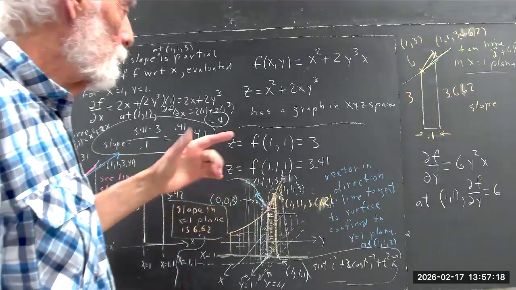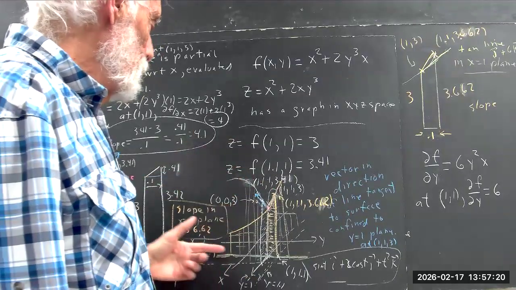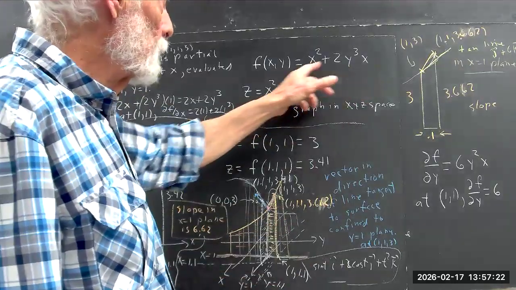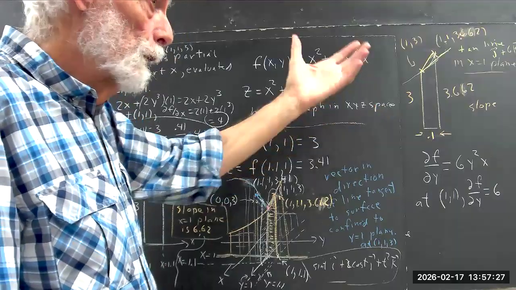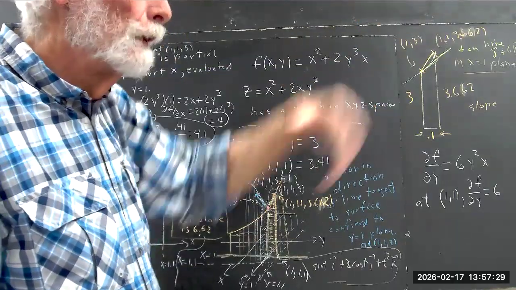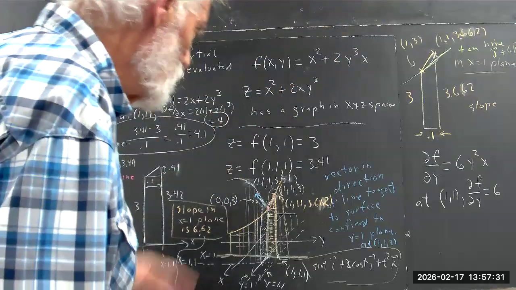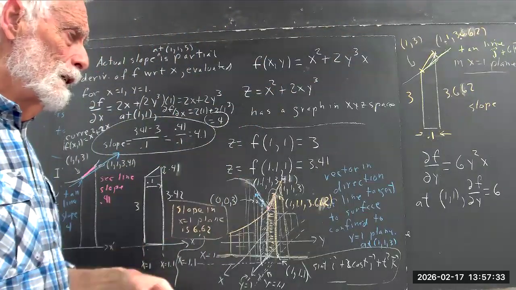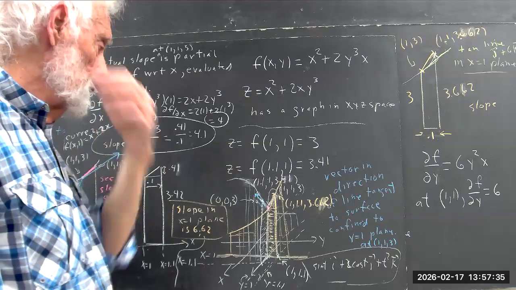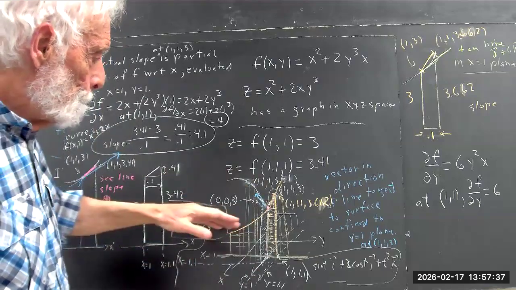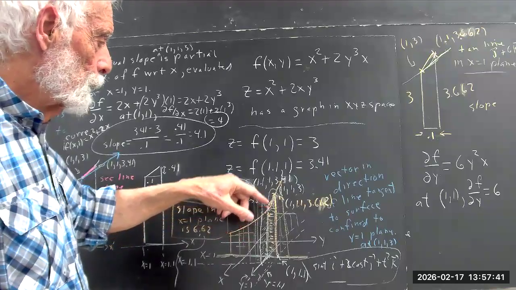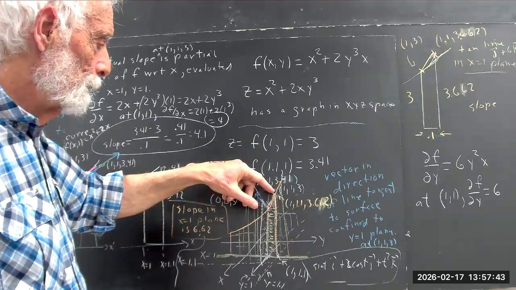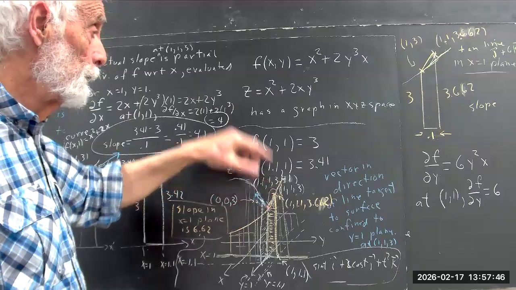Now, if I confine this graph to the x equals 1 plane, that means x equals 1, so we've got 1 plus 2y cubed. That's an easy graph. That's just a y cubed graph, which is a little more extreme, and I'm pretty sure that I was recording when I said all that.